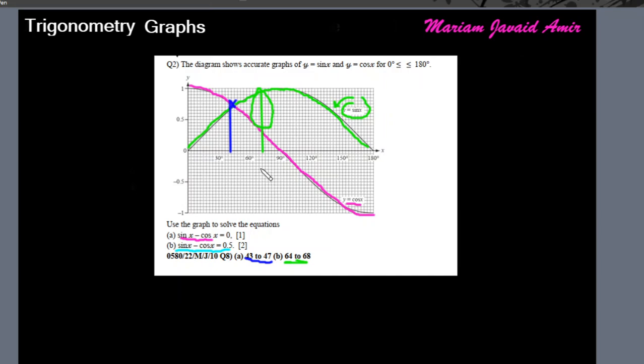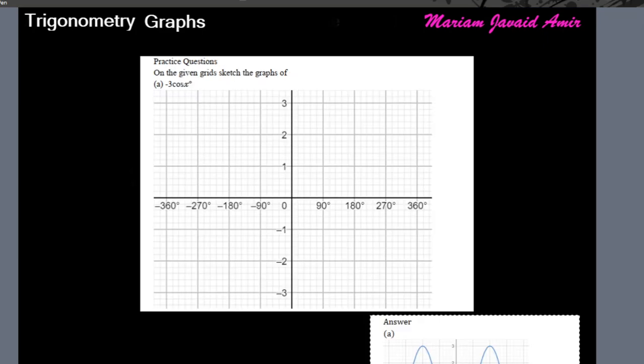I think it'll be a little before this. So 10 boxes, 1 2 3 4 5 6 7 8 9 10, yes, roughly here. So read this point, which means the difference between the two graphs is 0.5 here, and this should be between 64 and 68.